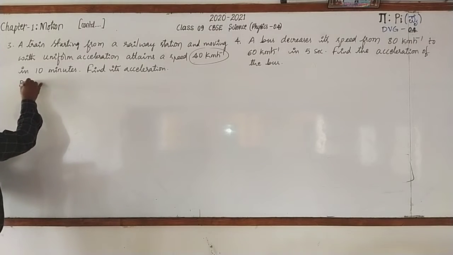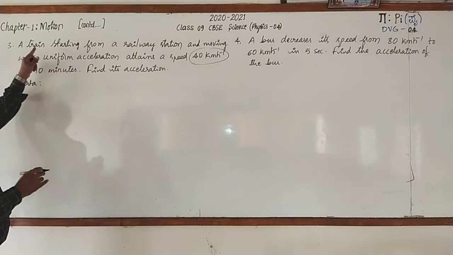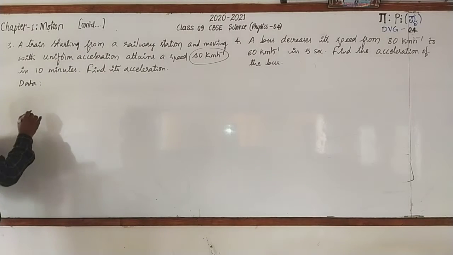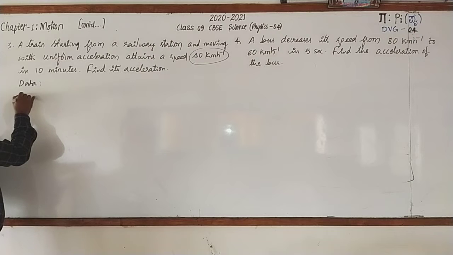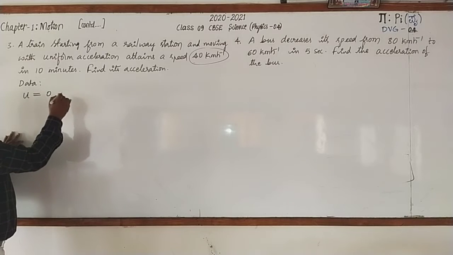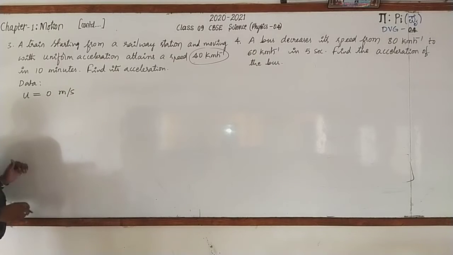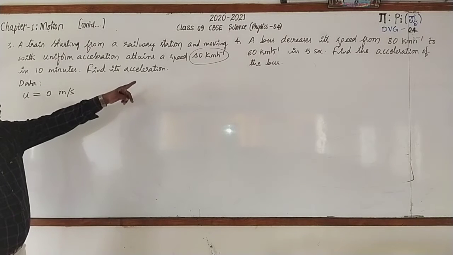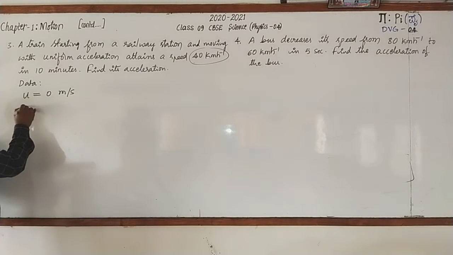This is also very simple. Let's go for writing data first. A train starting from a railway station. Before starting, what was the speed? It is u equal to 0 km per hour or meter per second. Next, it attains the speed 40 km per hour.